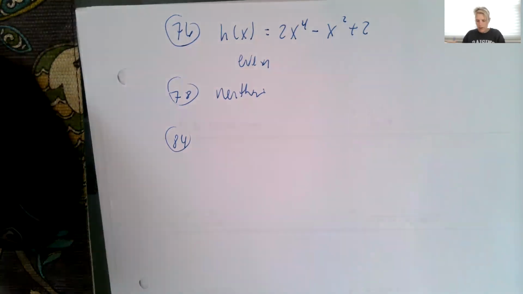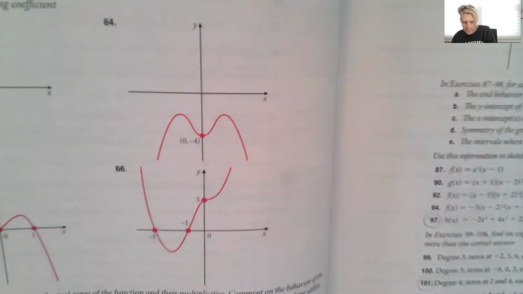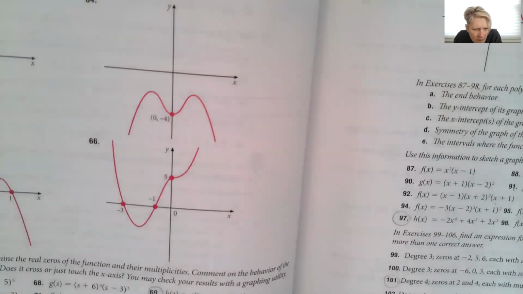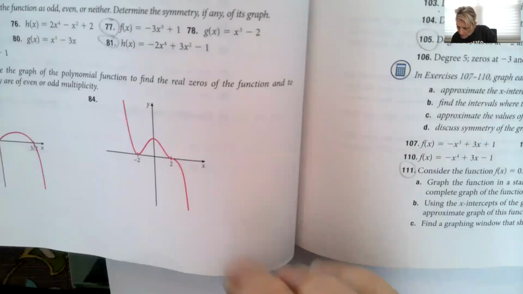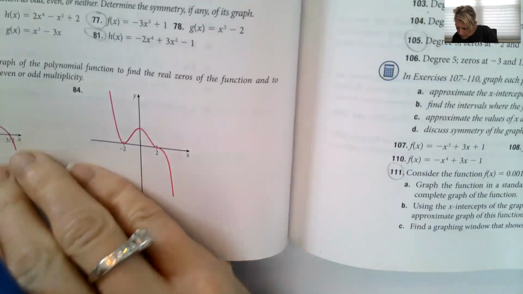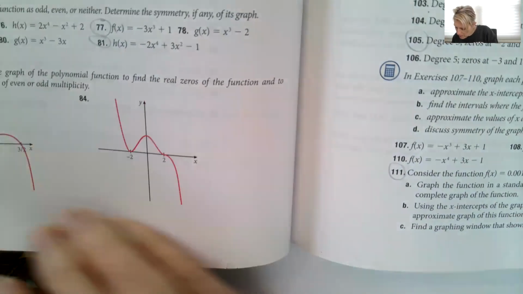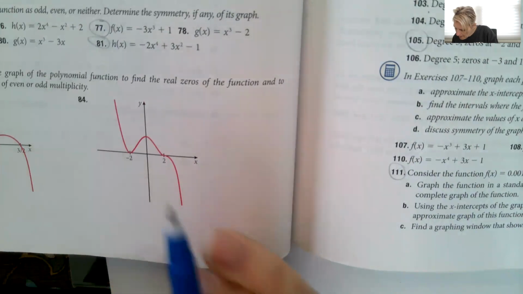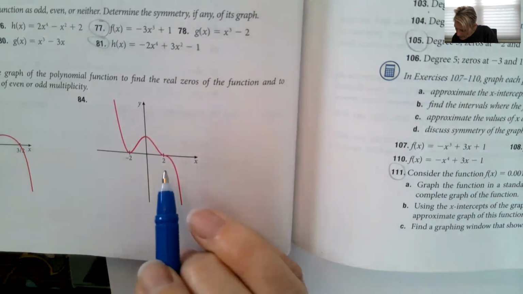So it says use the graph of the polynomial function here. Use the graph of the polynomial to find the real zeros of the function and to determine whether they are of even or odd multiplicity. Okay.